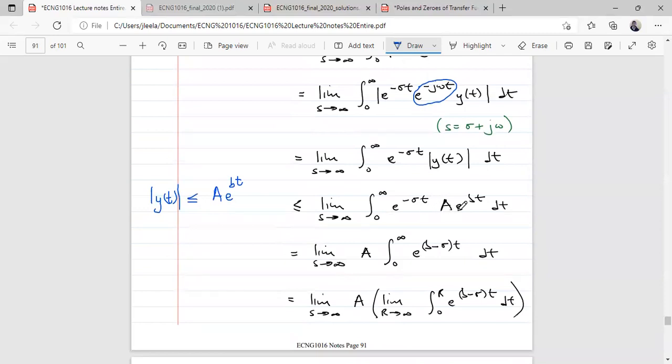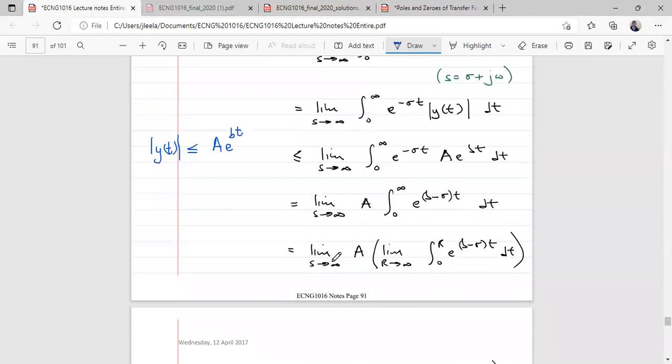Now the a has nothing to do with the integral, because the integral is with respect to t. So you could take the a on the outside of the integral, and you're taking the limit as s approaches infinity. Then you combine the e to the minus sigma t and e to the bt, so you get e to the (b minus sigma) t.